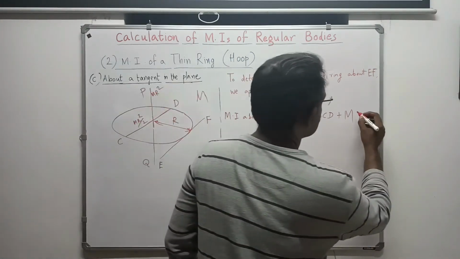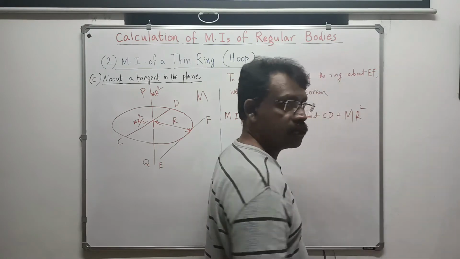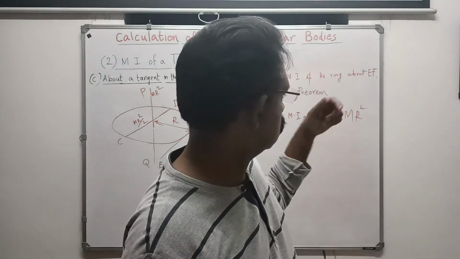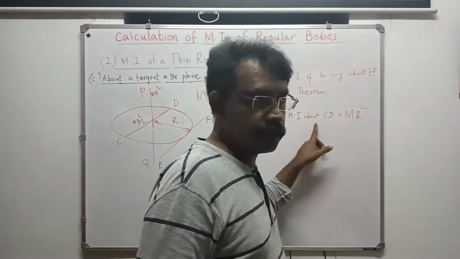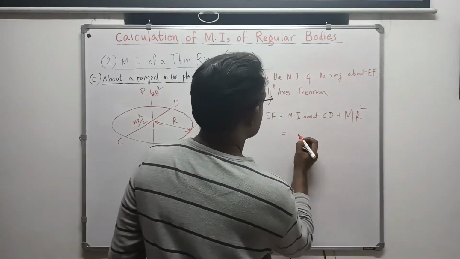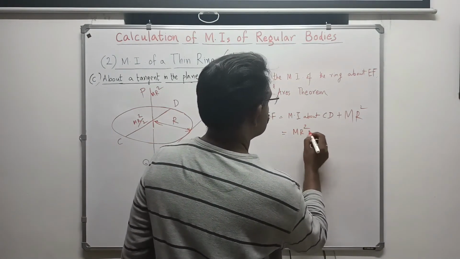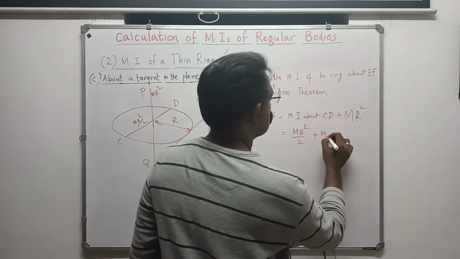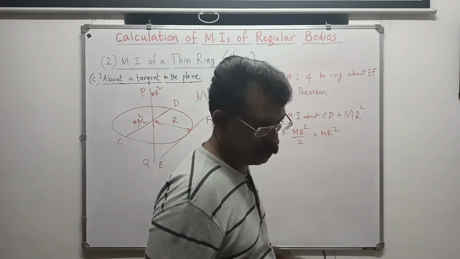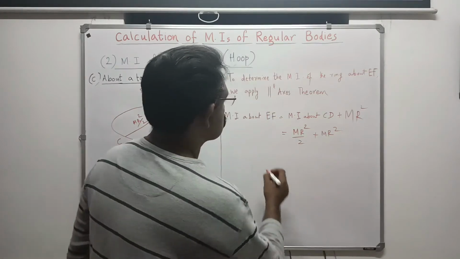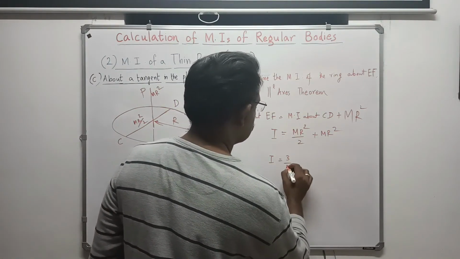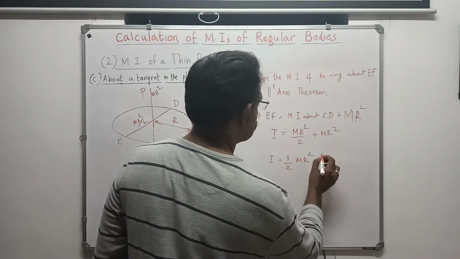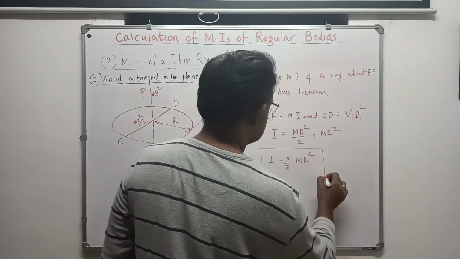That will be the square of the radius of the ring itself. So this will be the result. MI about CD that we have got as mr squared by 2. That is mr squared by 2 plus mr squared. This is nothing but 3 by 2 mr squared. So I is equal to 3 by 2 mr squared.